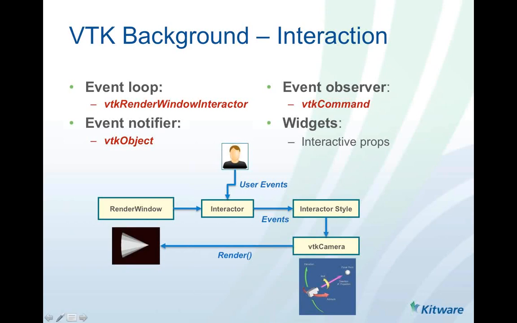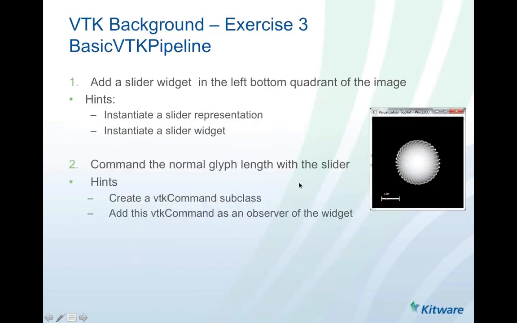So all events in VTK generally start off via the user, which go into the interactor, which feeds into the scene, like so. With this event, we get things like window repaints, and we also have a variety of widgets which can be placed in the scene and controlled with the mouse. And so using events, we can make our program a little more interesting. We'll make a widget whereby we can control our visualization pipeline.